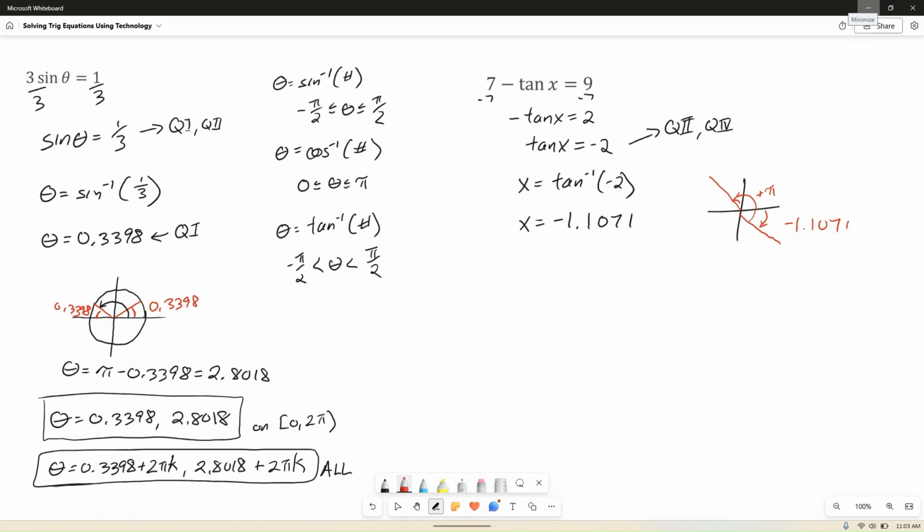And if I were to add pi again, I will end up back at the same location in the fourth quadrant, but now I've rotated in a positive direction. So it'll be in the fourth quadrant with a positive angle.